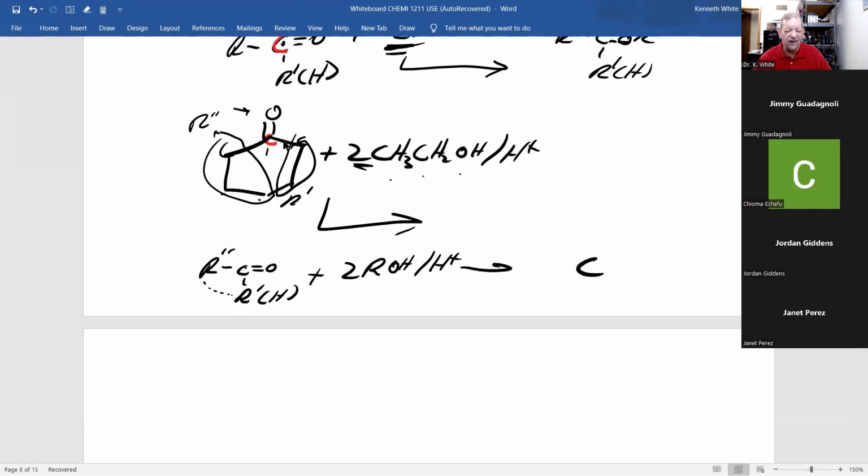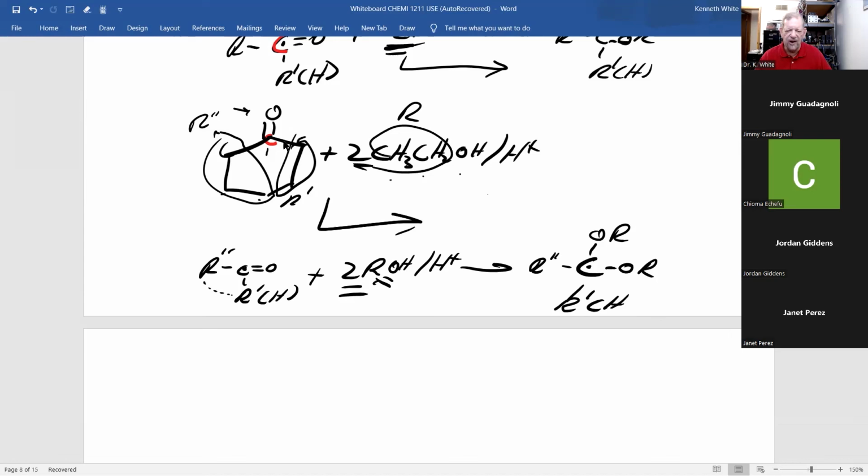Keep your eye on this carbon, what's attached to it, our prime or hydrogen, our double prime. Then because of this, I'll have two oxygens, and each one has the R group from the alcohol. What's R? This. Now, with the ring, do you break carbon-carbon single bonds?